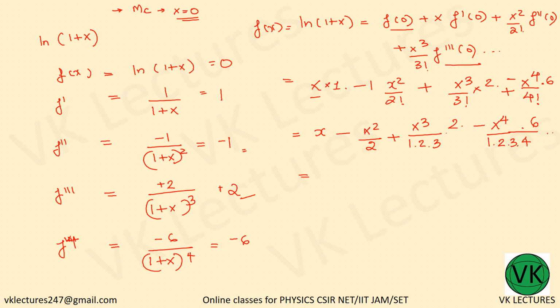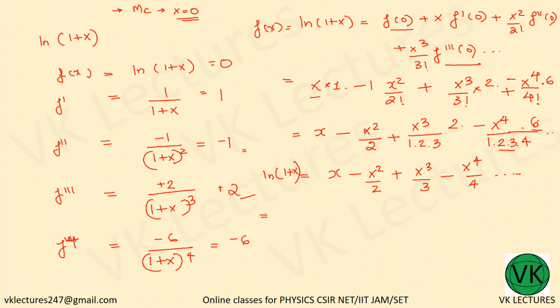So I can write it as x minus x square by 2 plus, this 2 and 2 get cancelled, so it becomes x cube by 3 minus x to the power 4, and 2 times 3 is 6, so it gets cancelled with 6, so x to the power 4 by 4, it goes on like that. So I can write log 1 plus x is equal to x minus x square by 2, x cube by 3 minus x to the power 4 by 4, etc.